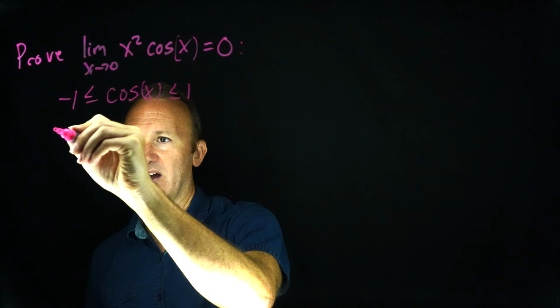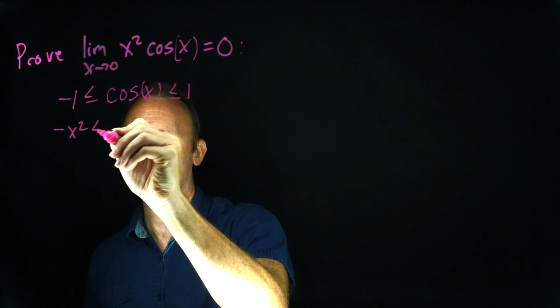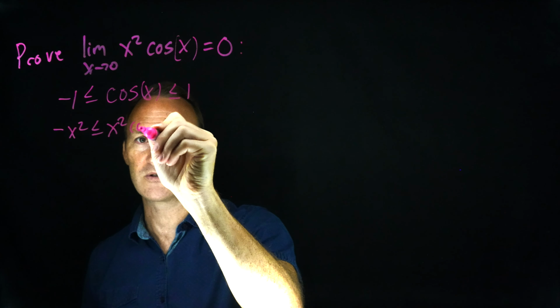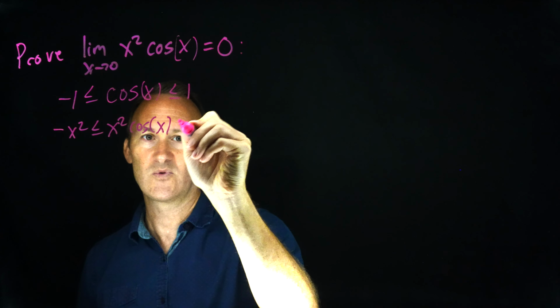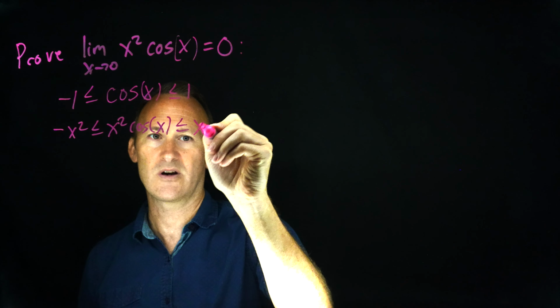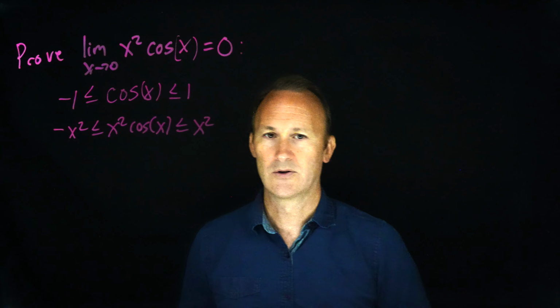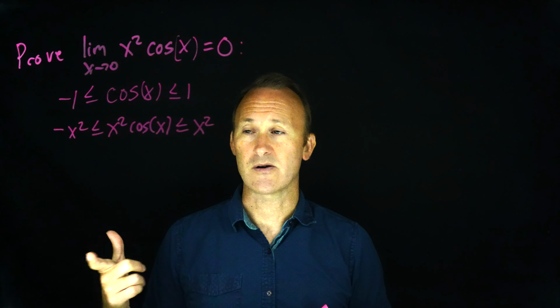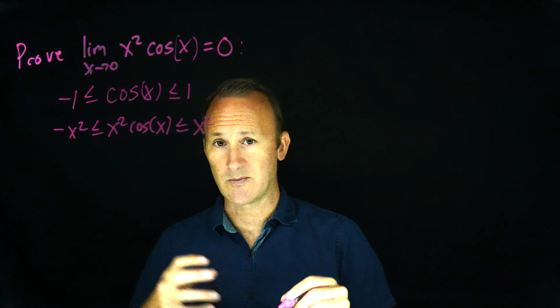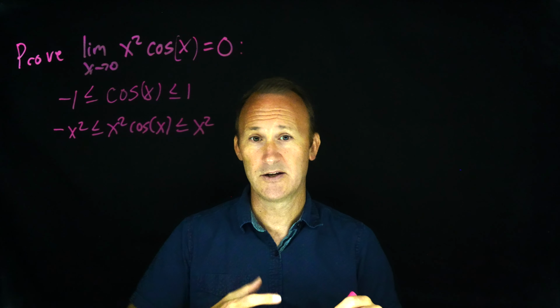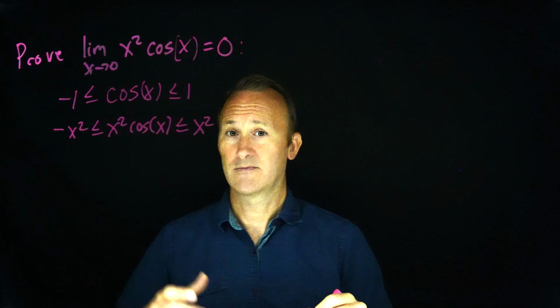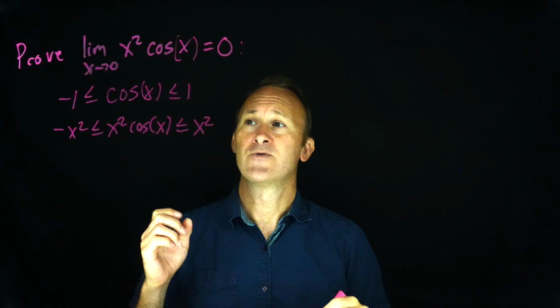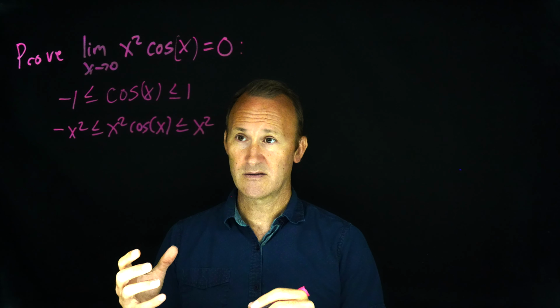So it's still true that negative x squared is less than or equal to x squared cosine x, which is less than or equal to x squared. Great. What next? We want to get the limit as x goes to 0. Just like you can multiply both sides of an inequality by x squared, you can also take the limit of each side.